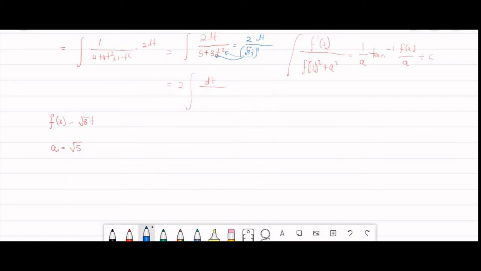That's why our a is equal to the square root of 5 and f at x is equal to the square root of 3t.